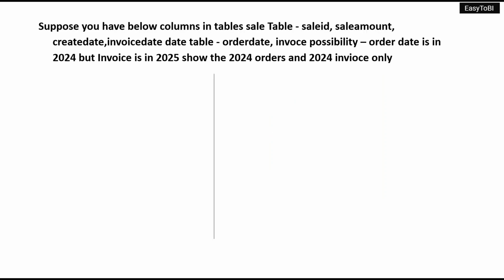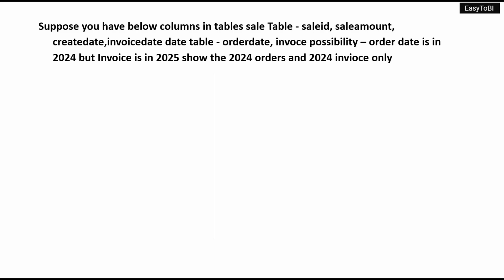Let's say you have columns in a table like sales ID, sales amount, created date, invoice date, and in a date table we have an order date and the invoice date. Possibly the order date is in 2024, but the invoice date might be in 2025. But what do we need to show?